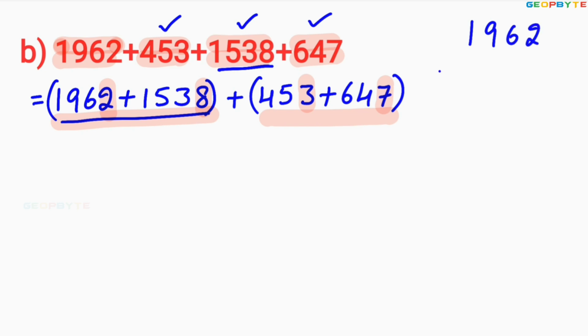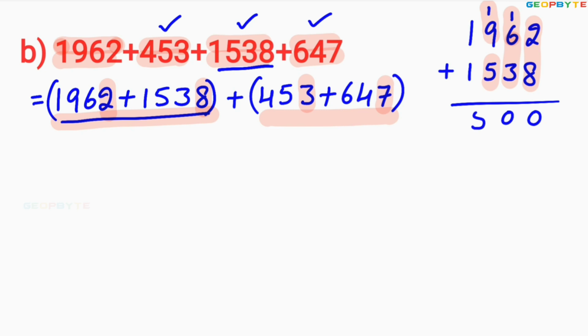1962 plus 1538. What is 2 plus 8? 10 only. 0, 1 carry forward. 1 plus 6, 7, plus 3, again 10. 0, 1 carry forward. 1 plus 9, 10, plus 5, 15.